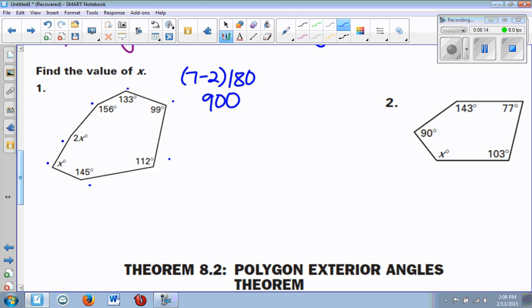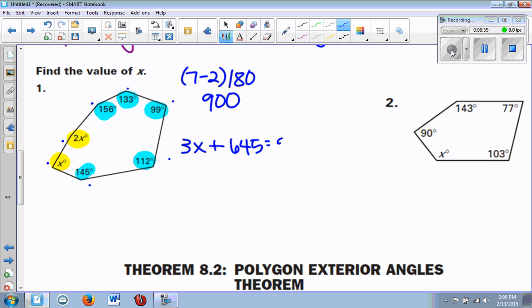If I add up my x's, I've got 2 with x's, and then I've got 5 with numbers. So if I add the x ones together, we get 3x. If I add all of the number ones together, we get 645.